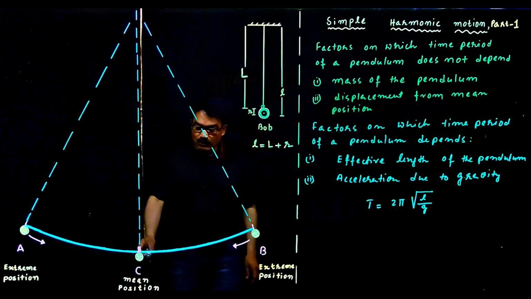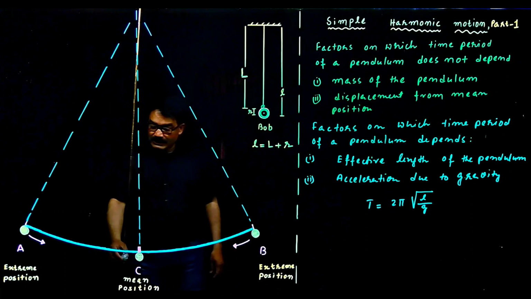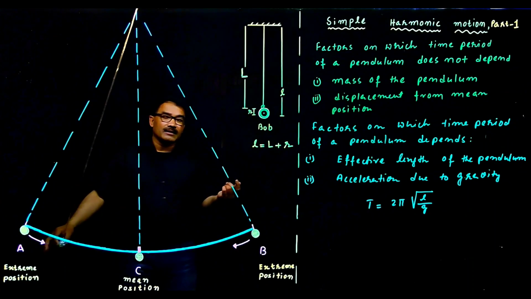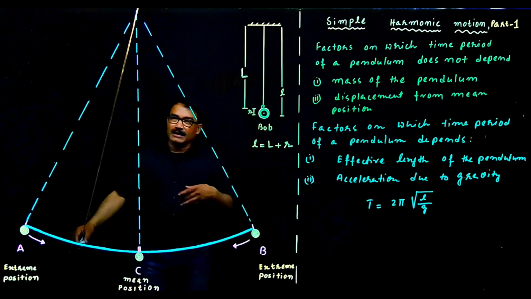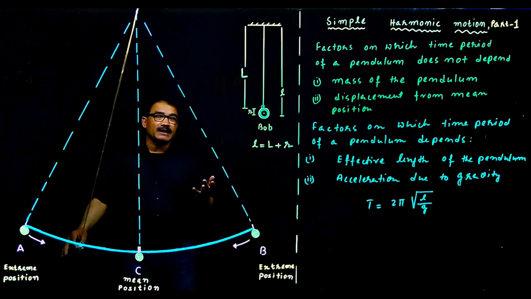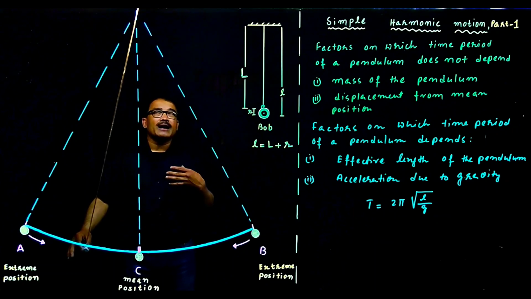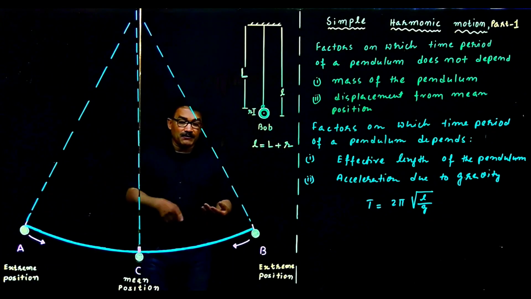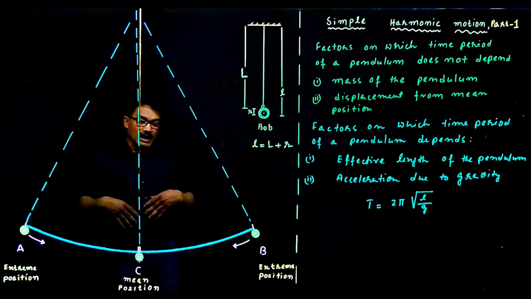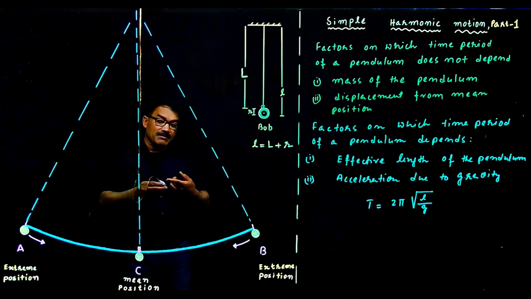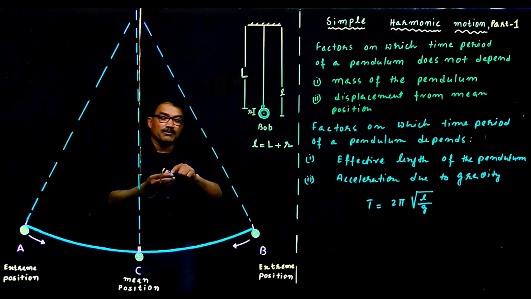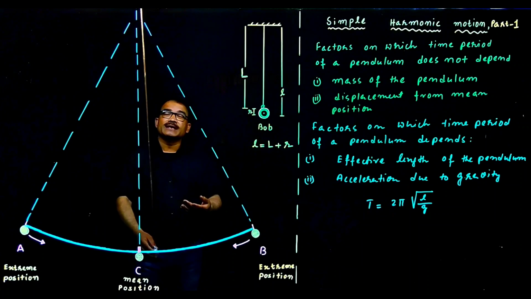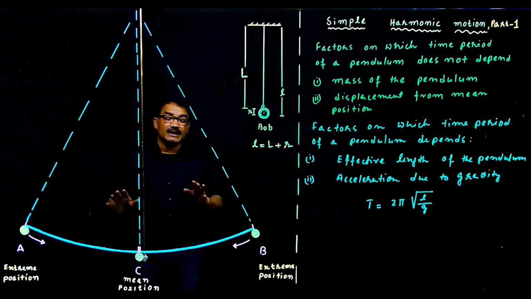So this is my pendulum and I will take it to the extreme position and let it oscillate for say 10 oscillations, and then we will find the total time taken for 10 oscillations and divide it by 10, and that will give us the time taken for one oscillation. After that we will increase the mass by adding one more bob to it, and we will check the time period again and we will see that the time period does not change at all.